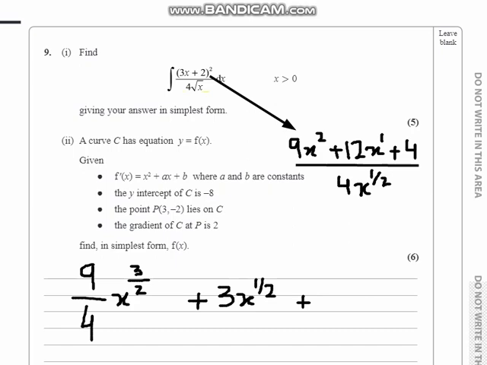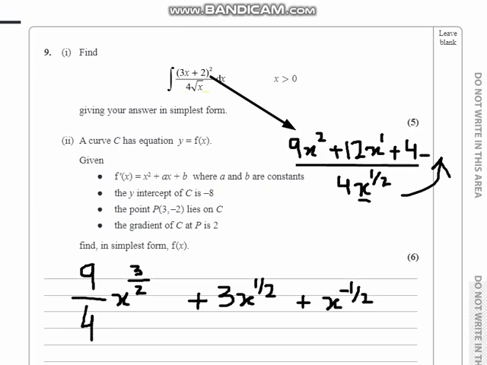Now 4 divided by 4 will give us 1, and there is no power on the numerator. So this x will move upside, and its power will change sign, so that will become x to the power minus half.